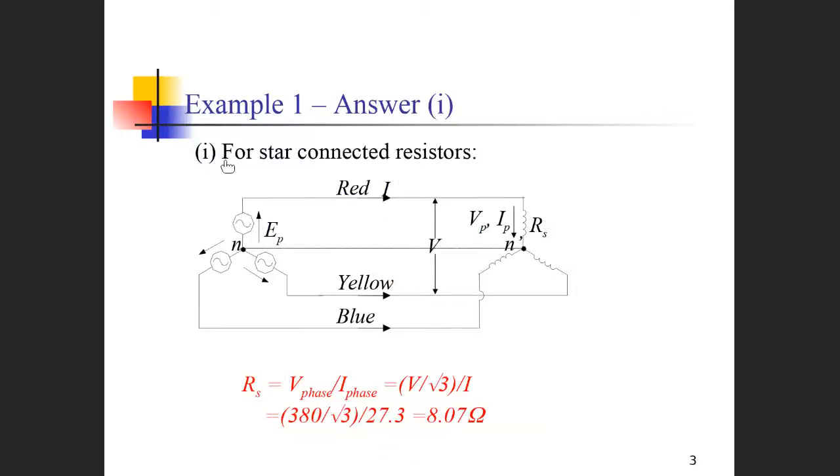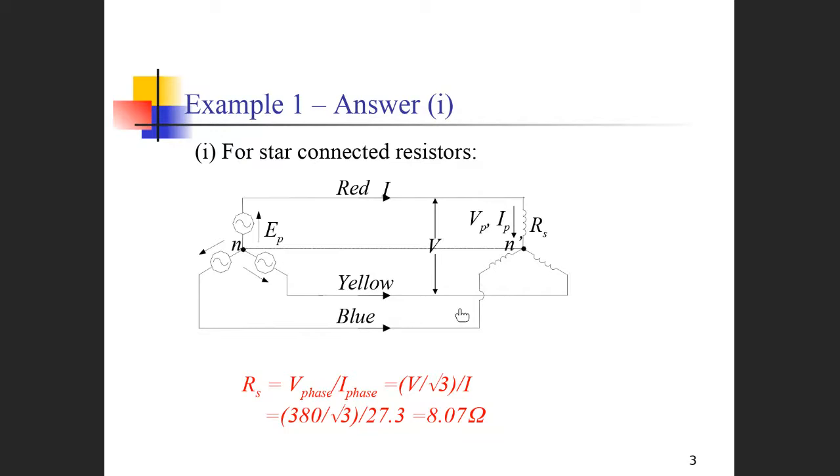Now, for a star connection, the resistance per phase equals the phase voltage over the phase current.